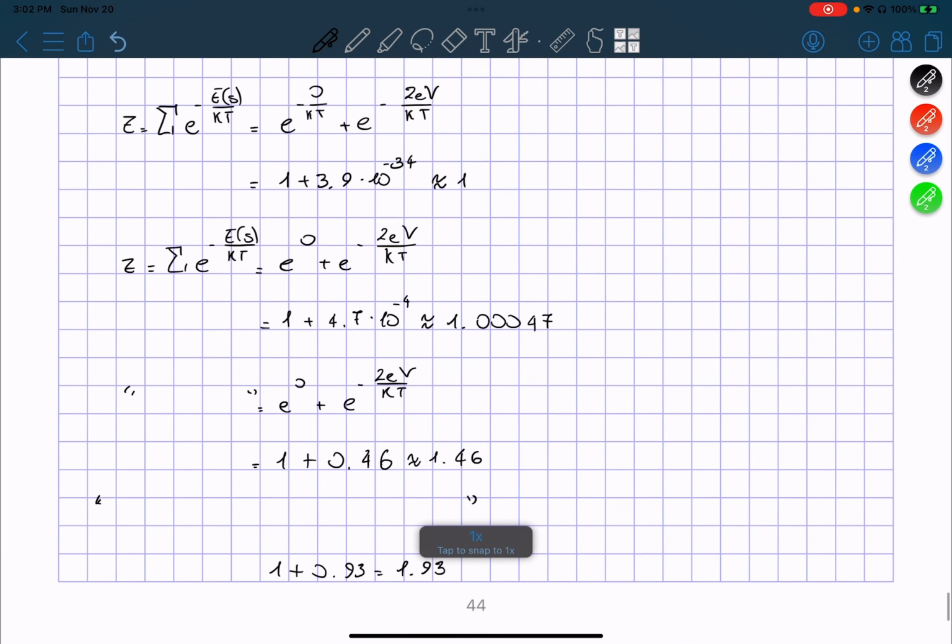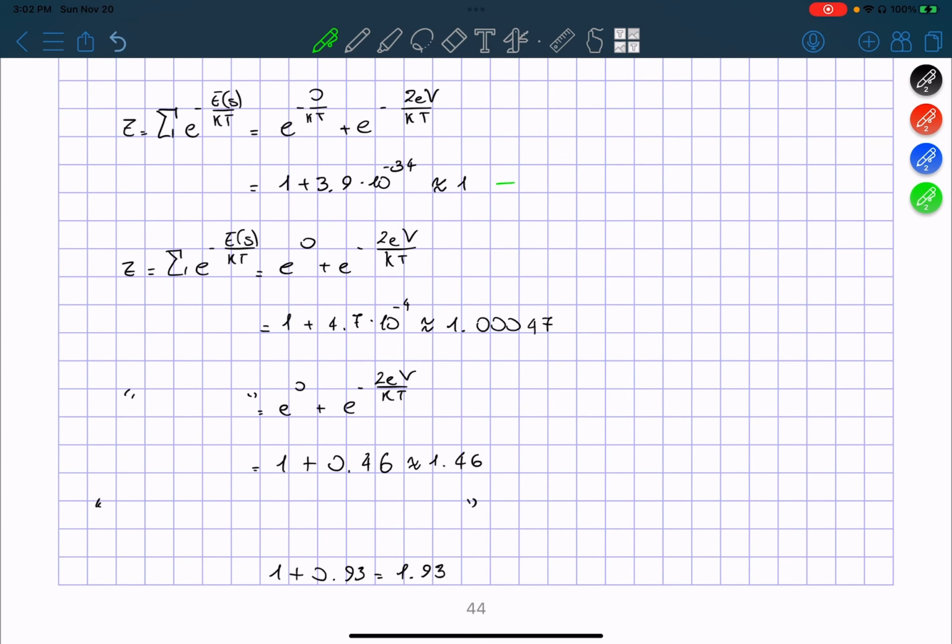One thing that we can notice actually is that at lower temperatures, we have lower Z's, while at higher temperatures, we have higher Z's. We're approaching a 2. So our value of Z is always going to be in between 1 and 2.